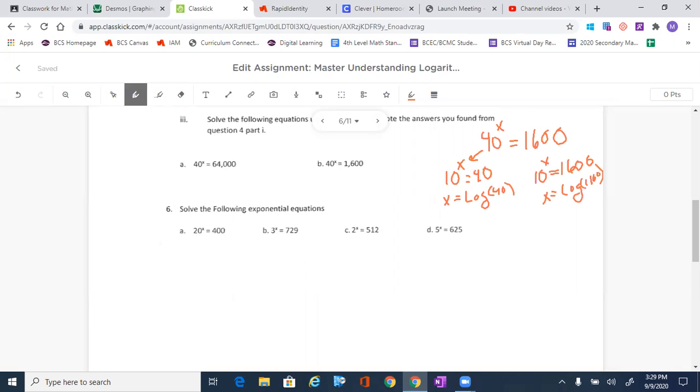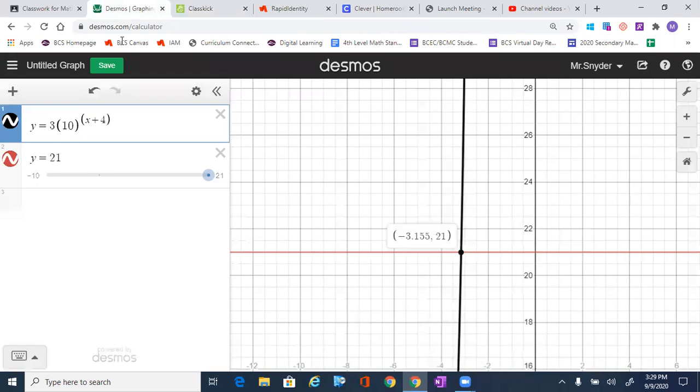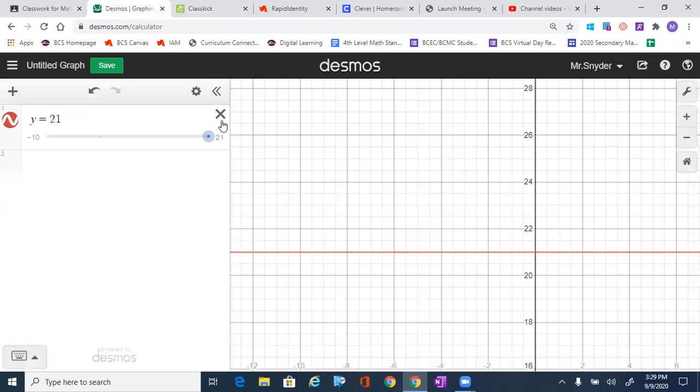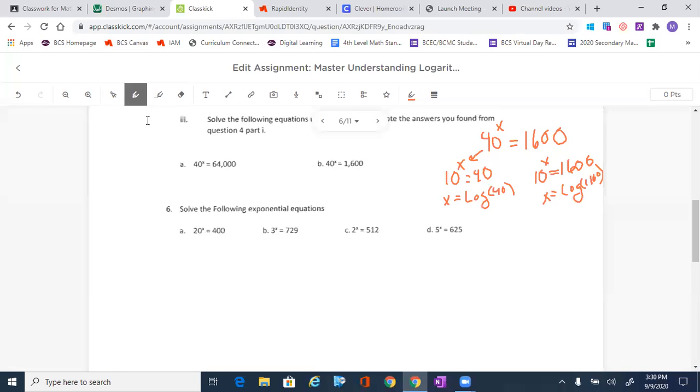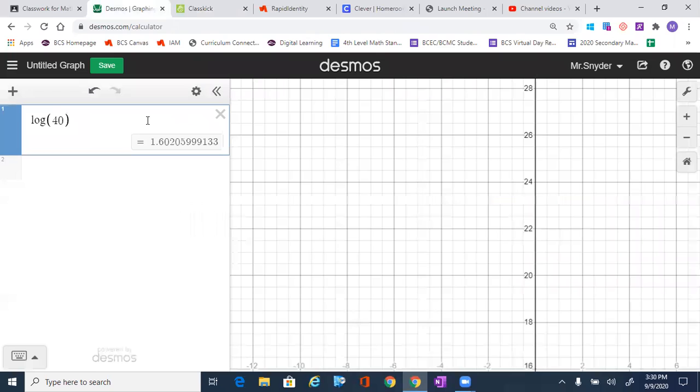Okay, and now I just got to go figure out what those values are. So I'm going to come back. I'm going to type in log of 40. 1.602. Okay, so I put x equals 1.602. And then I also know that I need to find log of 1600.